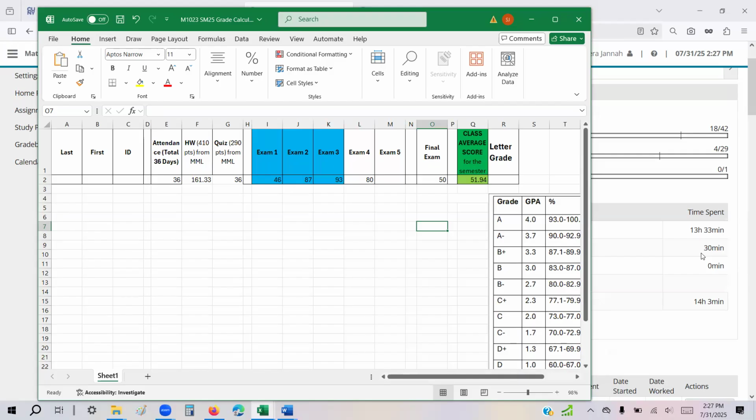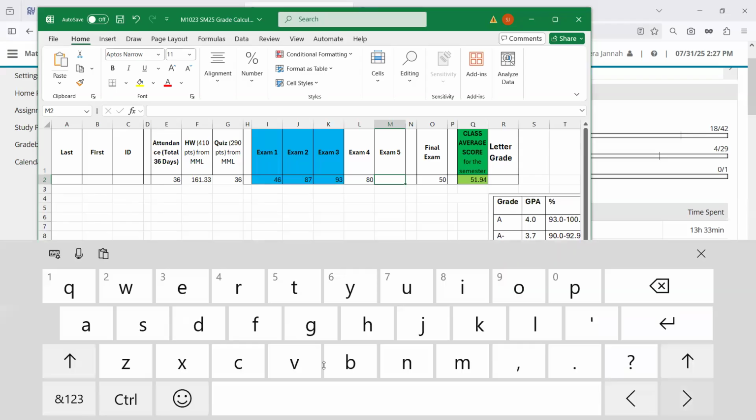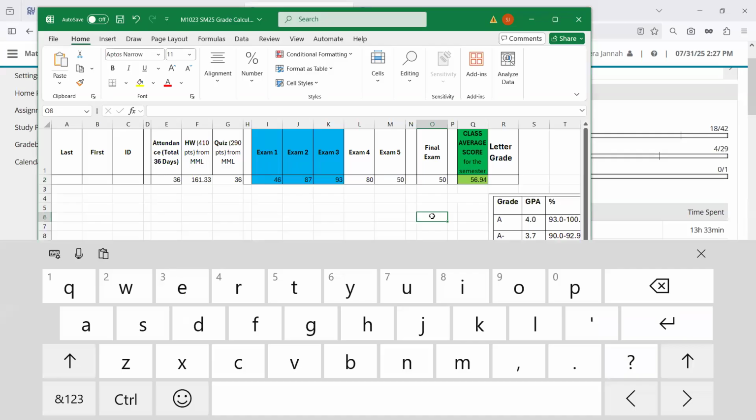Okay. So let's put a number on the fifth exam. Let's say you got 50. Let me start with something bad. You have 50 on the final, 50 on the next exam. You have 56, which is still failing. Now let me show you the miracle.